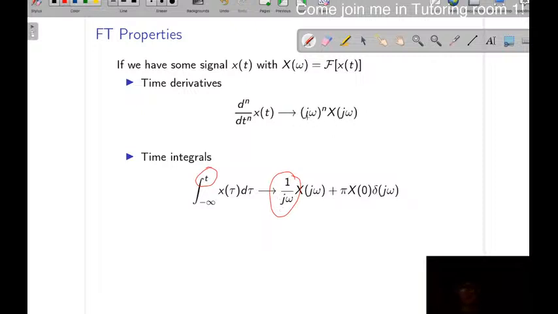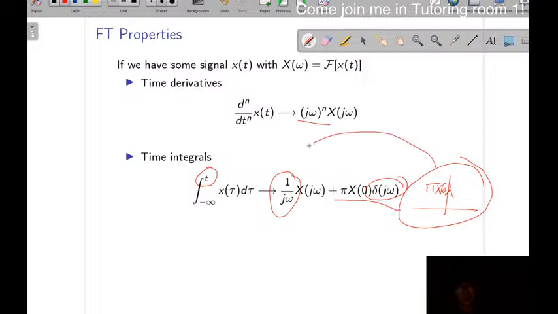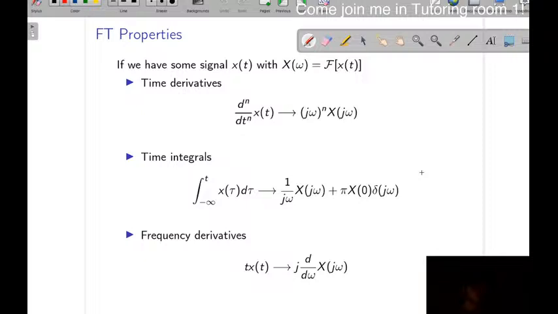Whereas if we took the derivative, we multiply by it, we divide by it for integrals. And then we add this DC offset term, essentially. This is just going to be a scaled delta function. So remember, it's a spike, and it's going to have the value of pi X(0). This DC value is added to whatever the scaled spectrum is. So that's the property for taking integrals in time.